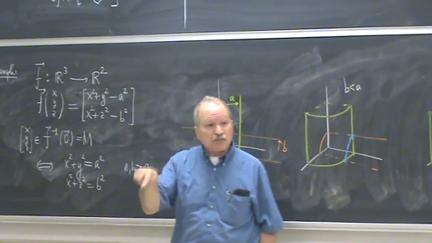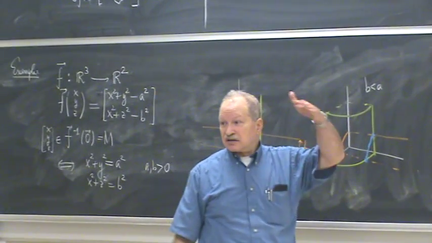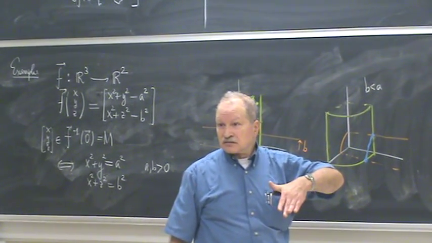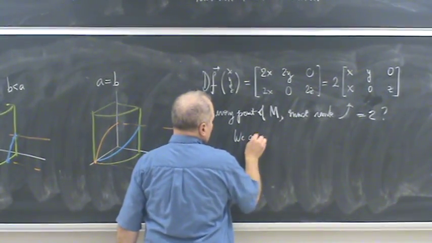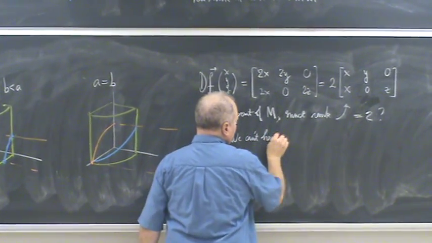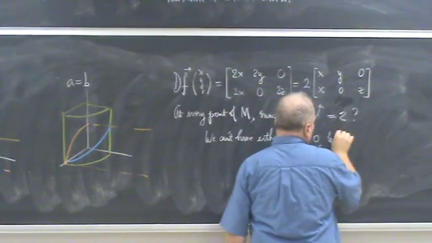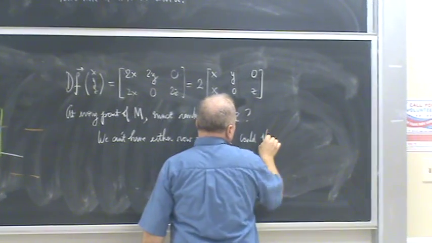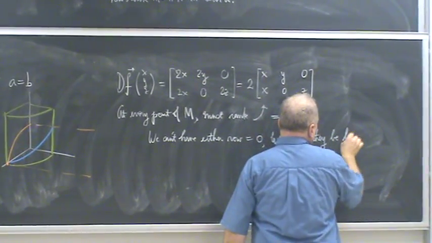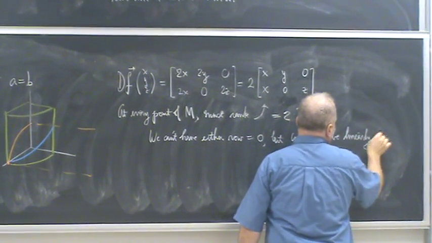So the rows can't be 0, but could they be linearly dependent? We can't have either row equal to 0, but could they be linearly dependent?